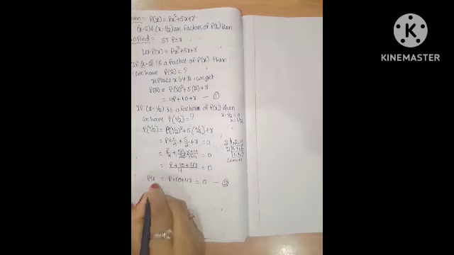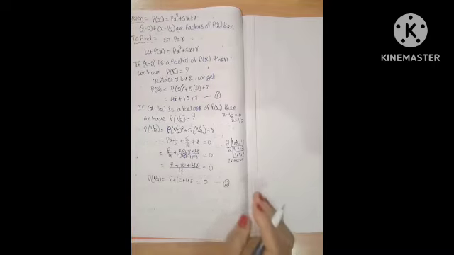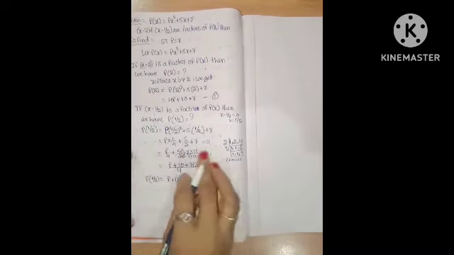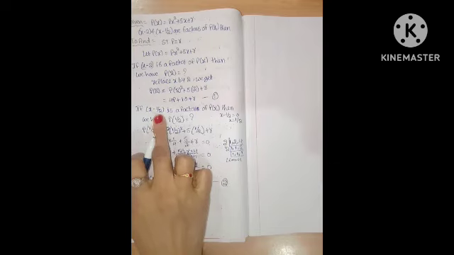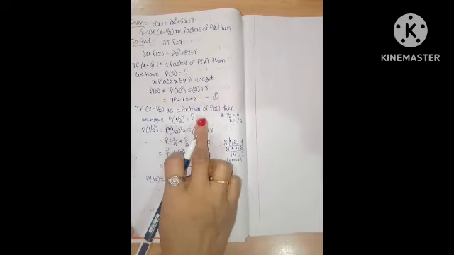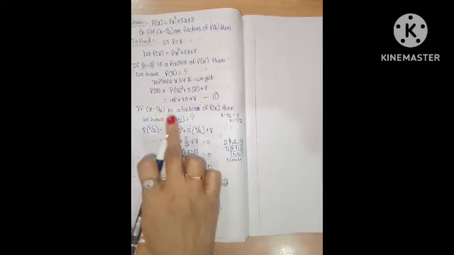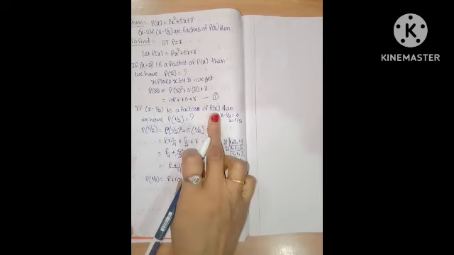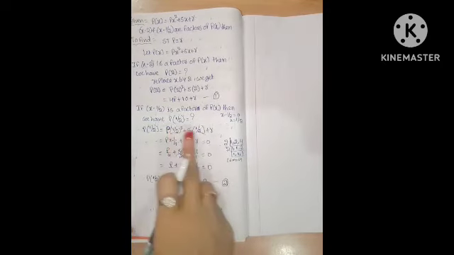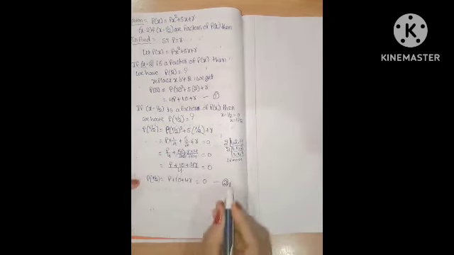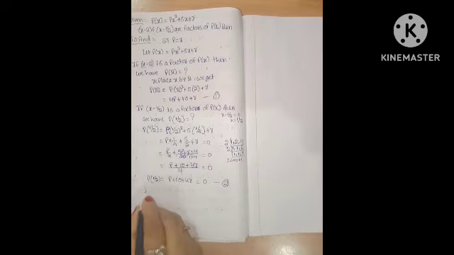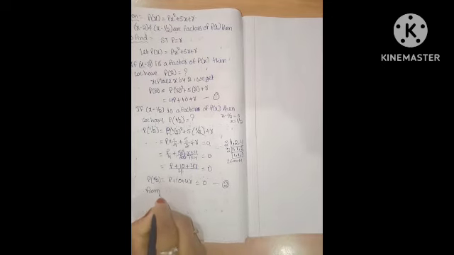This is the P of 1 by 2 value. This is nothing but g of x equal to 0. The zero of the linear polynomial is a factor of P of x, then only. So g of x equals 0. This is equation number 2, and from equations 1 and 2.